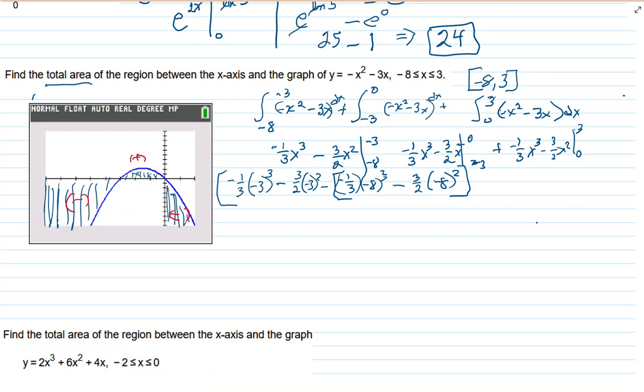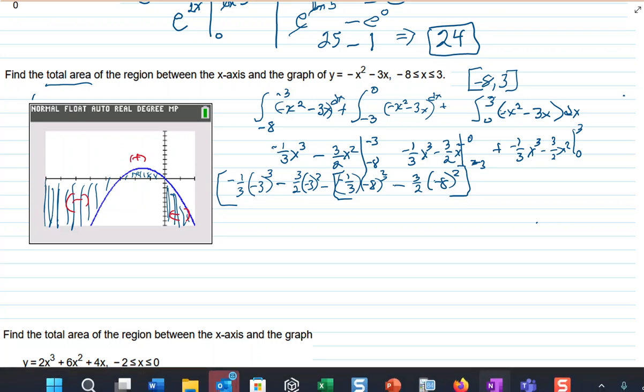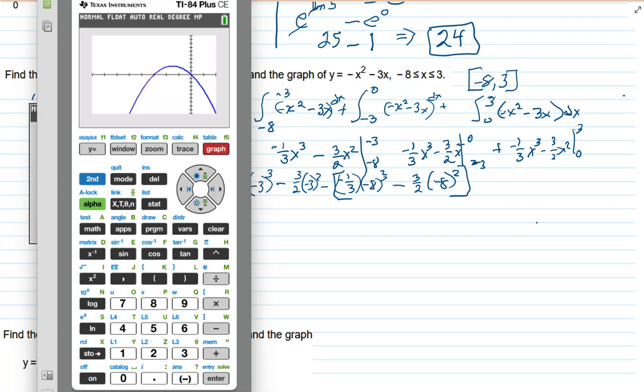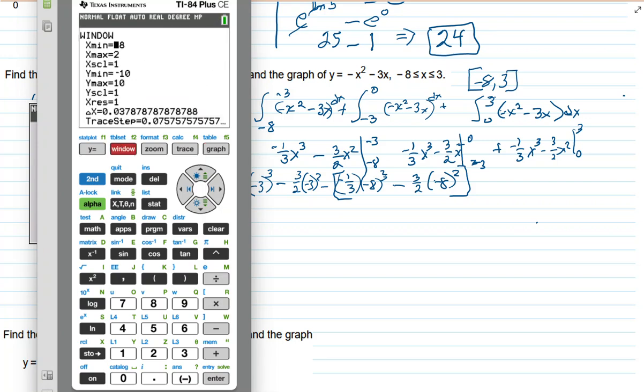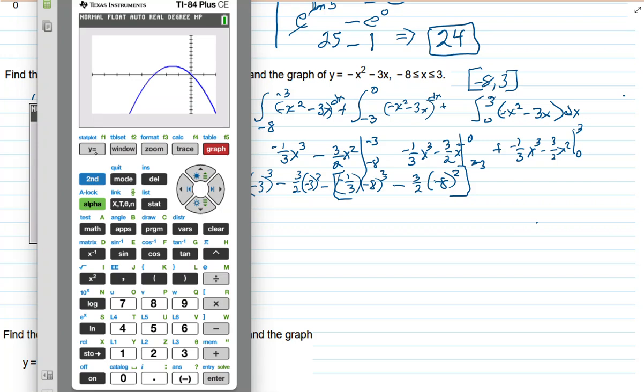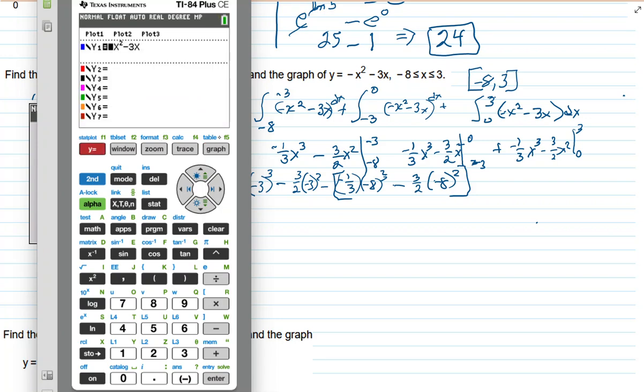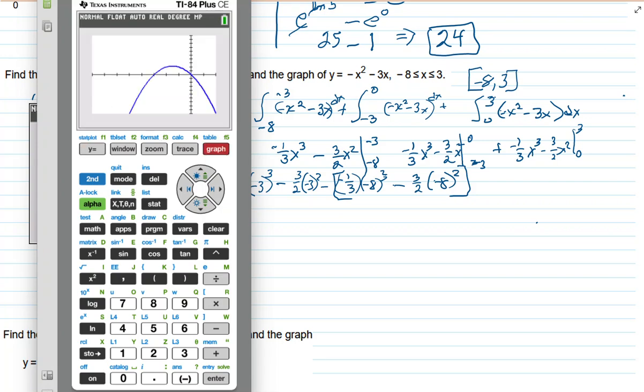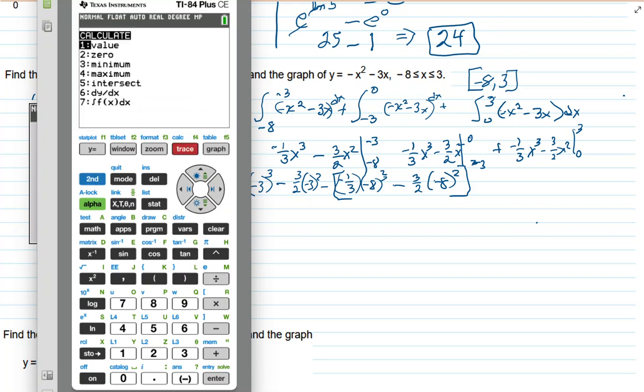So let's do it on our calculator. Oh, and we have a feature. Watch this. On the graph, we can tell it to calculate the integral, number 7.